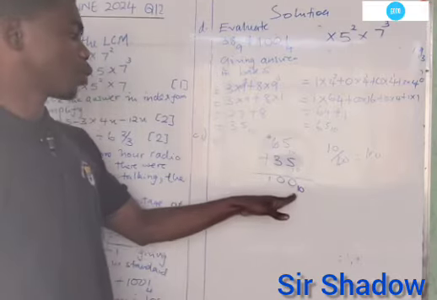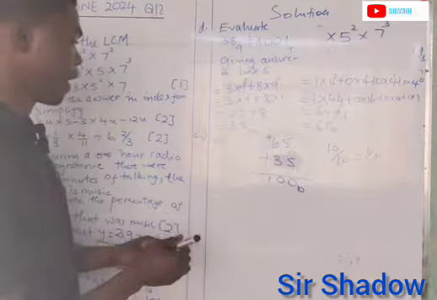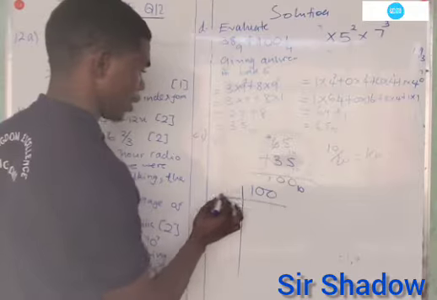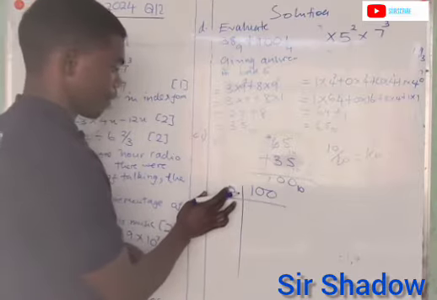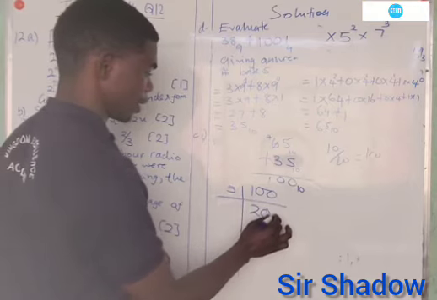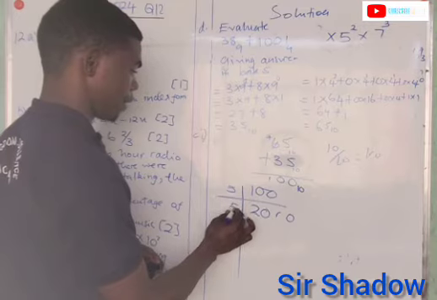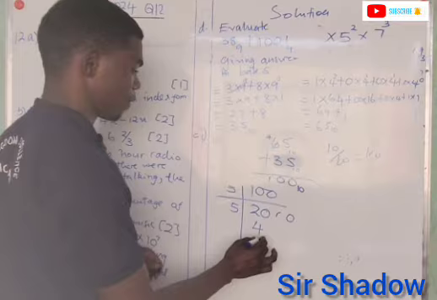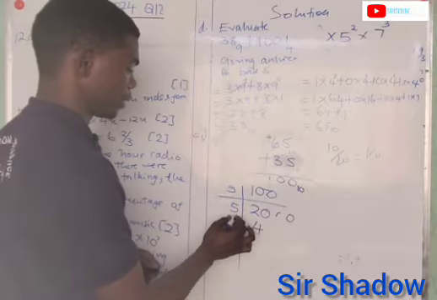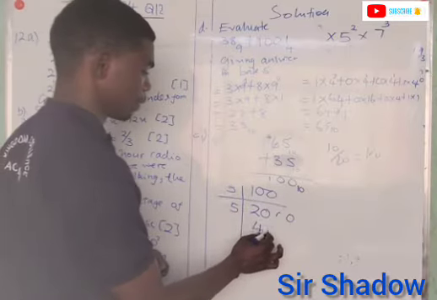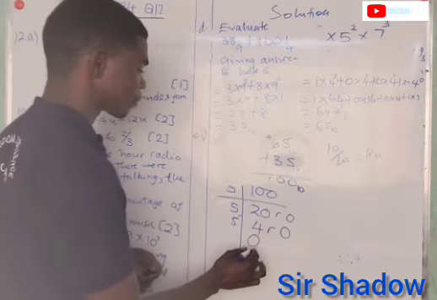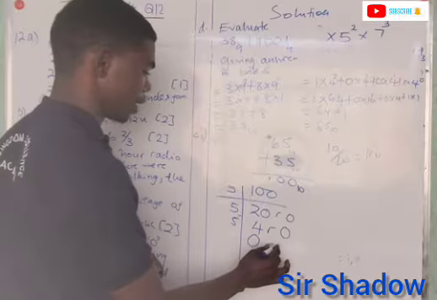So we want to convert 100 base 10 back to base 5. 5 into 100 is 20, remainder 0. 5 into 20 is 4, remainder 0. 5 into 4 is 0, remainder 4.